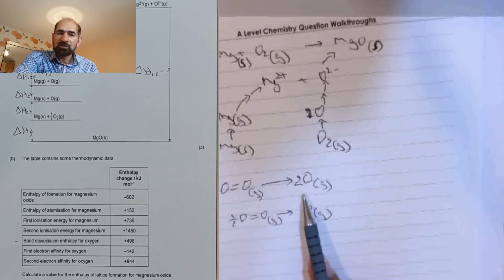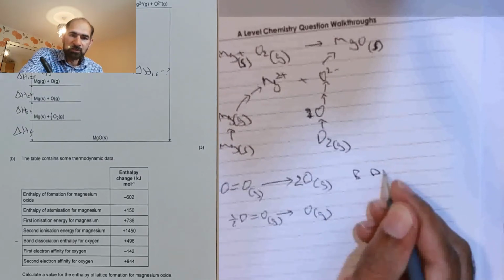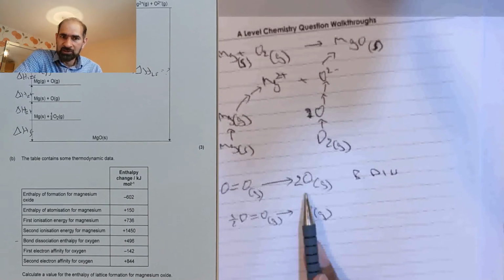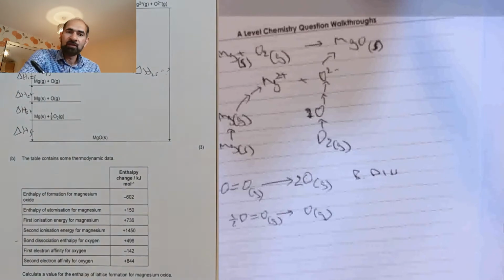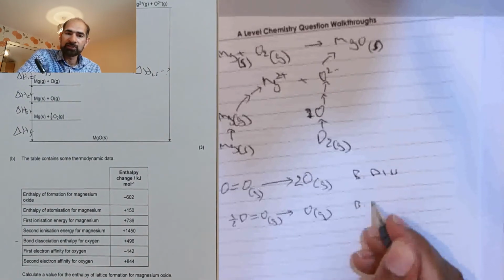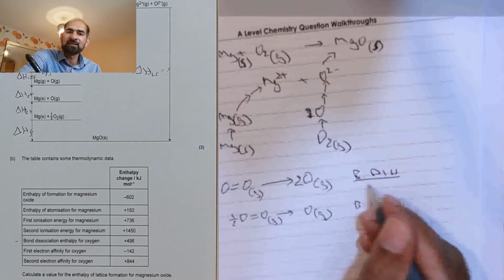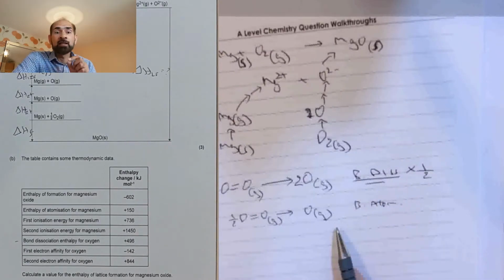If the bond dissociation gives me 2 moles of oxygen atoms, and I only need 1 mole because this is atomization, I need to halve it. I need half of that energy to give me the energy associated with enthalpy of atomization.